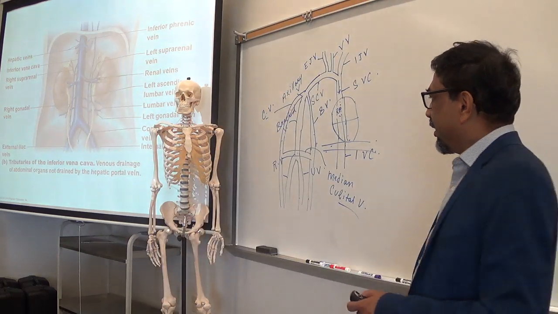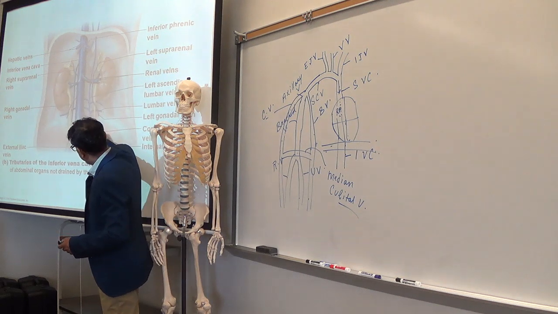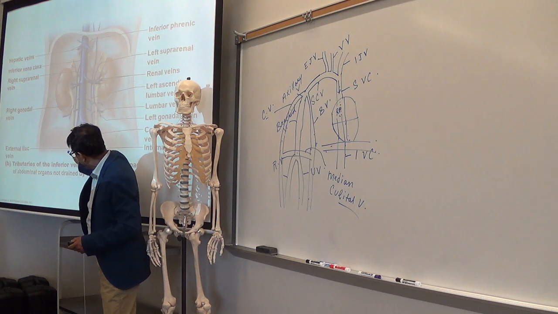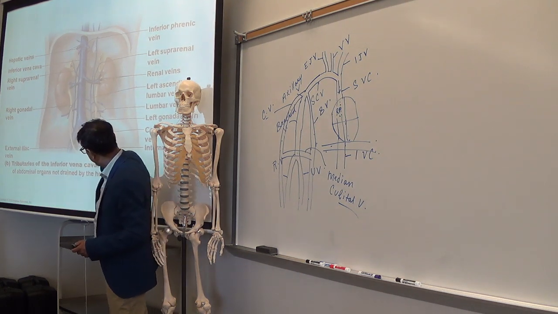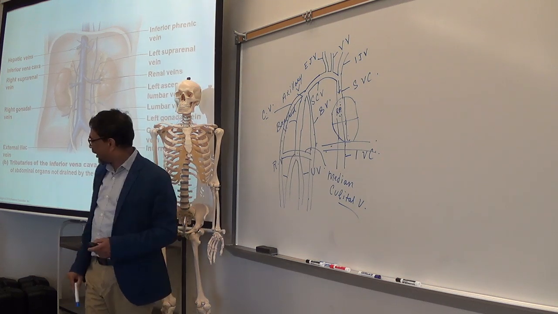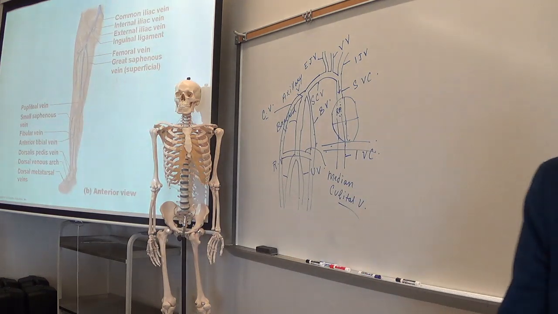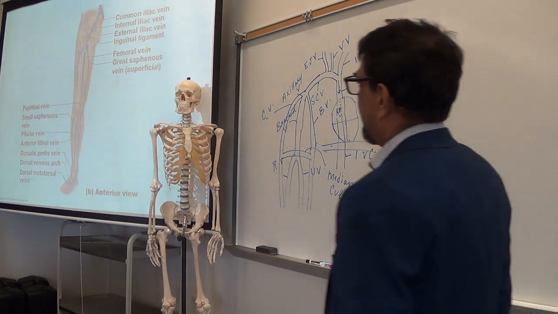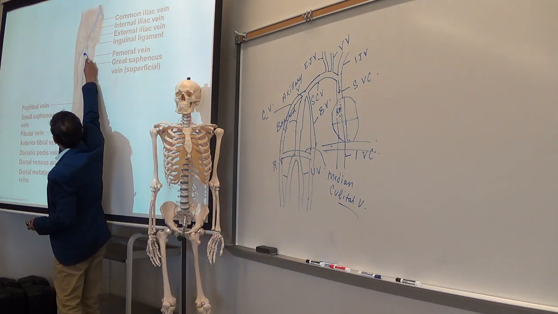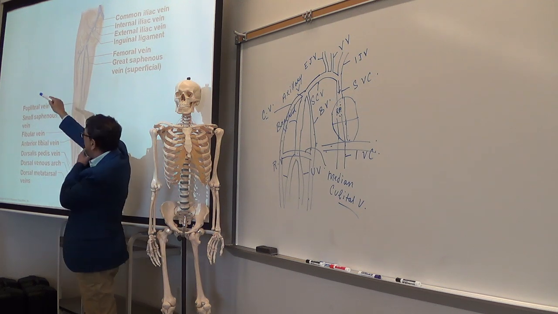And external iliac, so you see here, this is right and left common iliac. Then the common iliac divides into external, which is bigger, and internal, smaller. The external goes to the thigh and becomes the femoral vein. It's a deep vein, like the brachial vein of your arm.